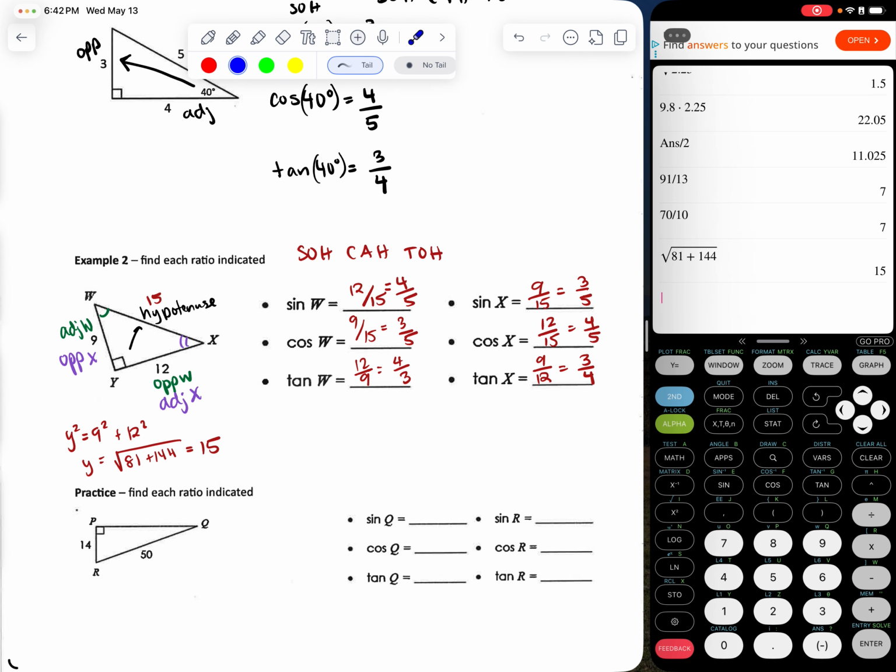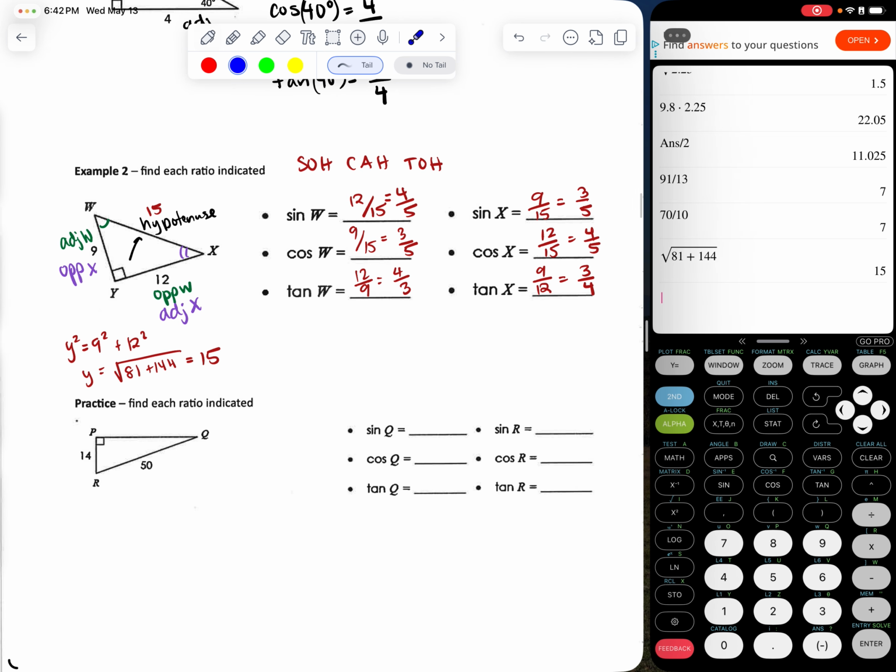All right. So you try the practice and see how it goes. Once again, we have our hypotenuse, the missing side PQ, I'll call it X for now. We can say X squared plus 14 squared equals the hypotenuse 50 squared.